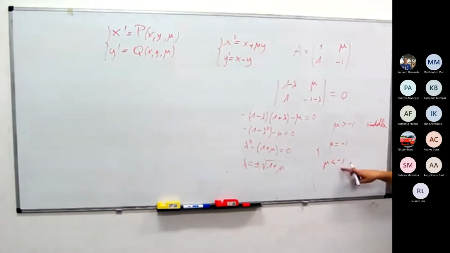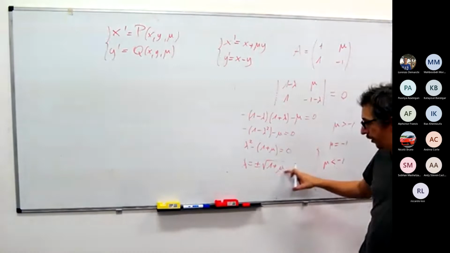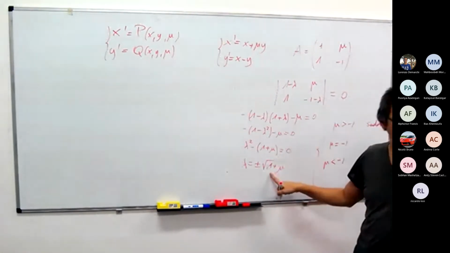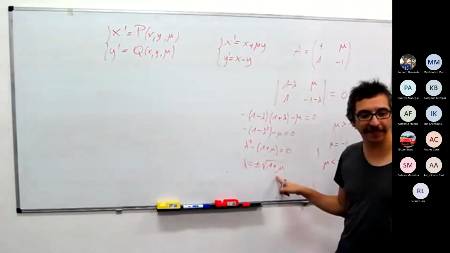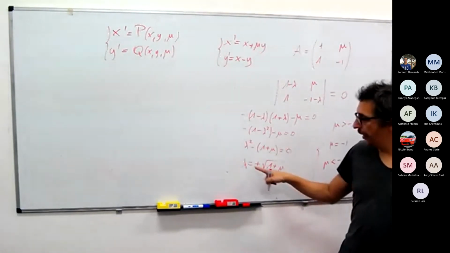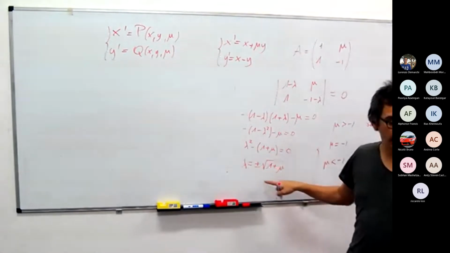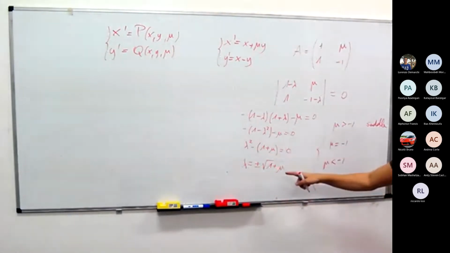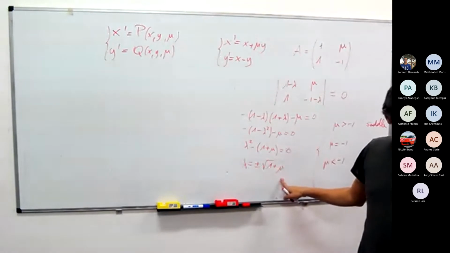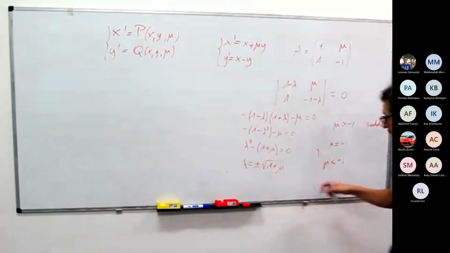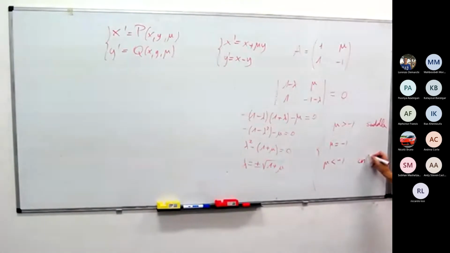For mu less than minus 1, the term under the square root is going to be a negative number. The square root of a negative number is an imaginary number, so the two eigenvalues lambda are going to be purely imaginary numbers. Since I have two purely imaginary numbers, I know that this corresponds to a center.